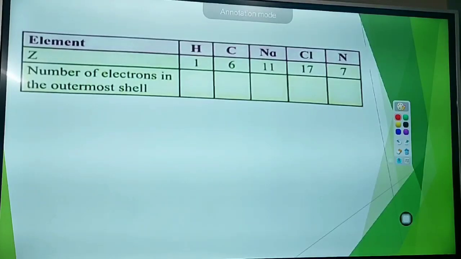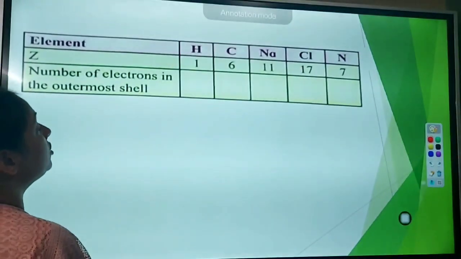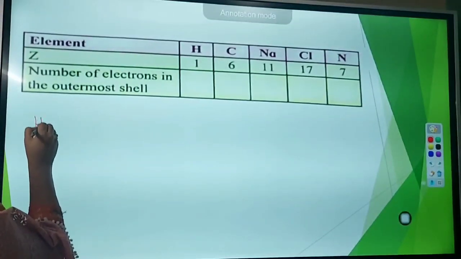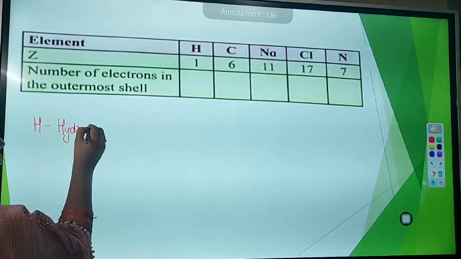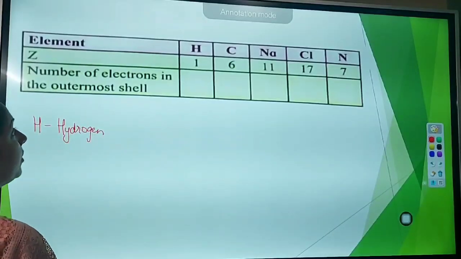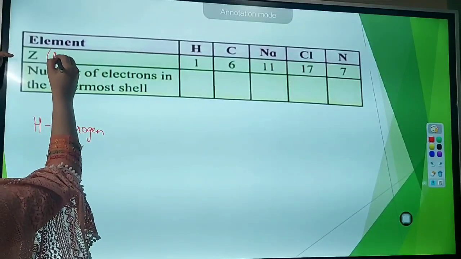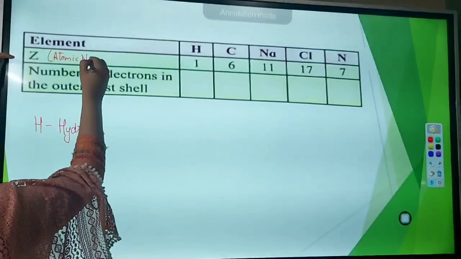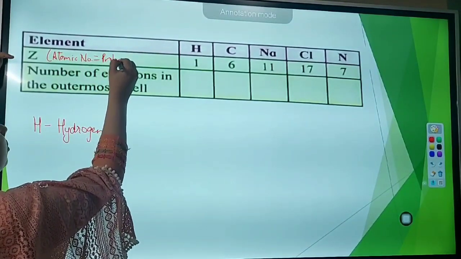Let's look at this chart now. Element H. Tell me, which element is this, children? H is hydrogen. Z tells me the atomic number, which is nothing but the number of protons.